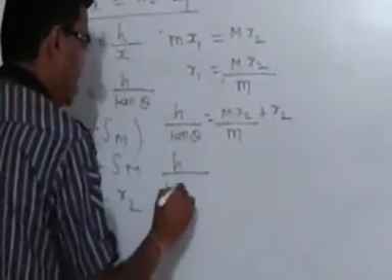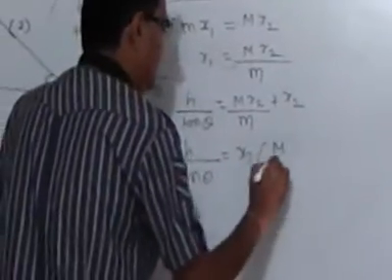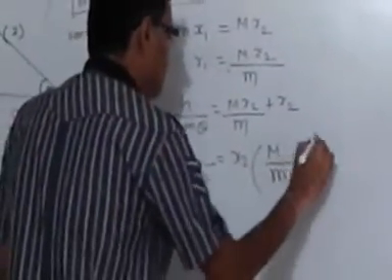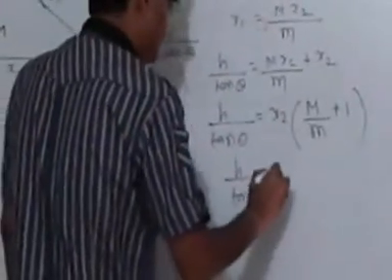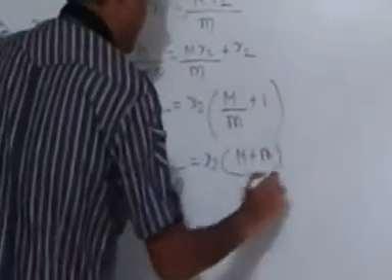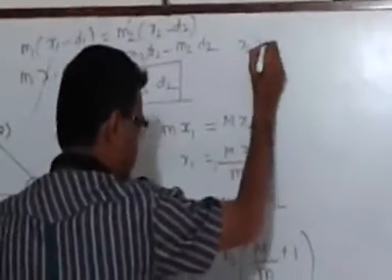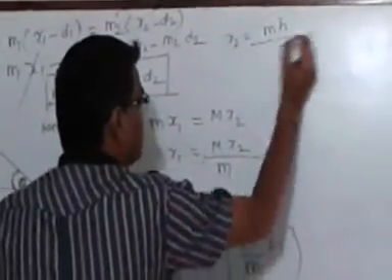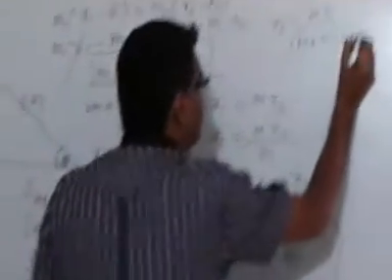So let me take h upon tan theta is equal to, I will take x2 common, capital M plus small m upon small m, and that gives me h upon tan theta as x2 into capital M plus small m upon small m. On rearranging, I will get the value of x2 as m into h upon M plus m into tan theta.